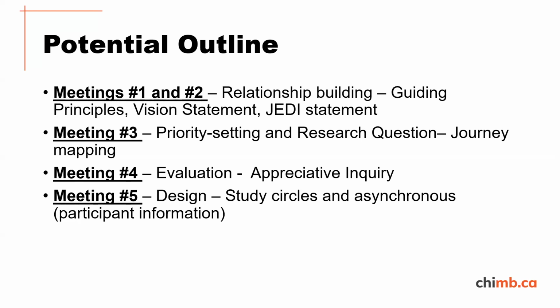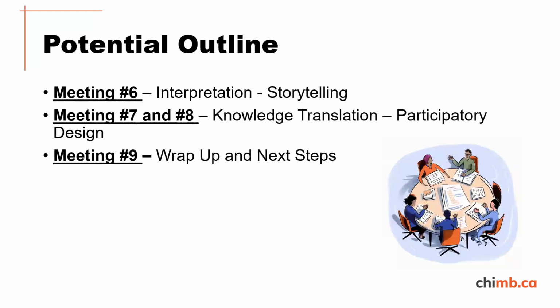Meeting 5, you can dedicate to designing, so doing study circles or asynchronous work, thinking about how you're going to design things. Meeting 6 can then be your interpretation phase.